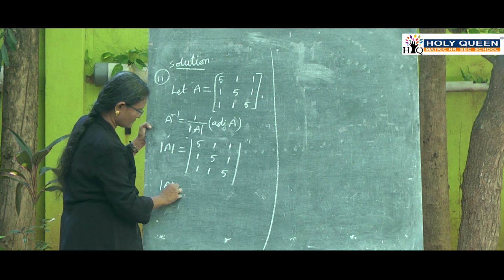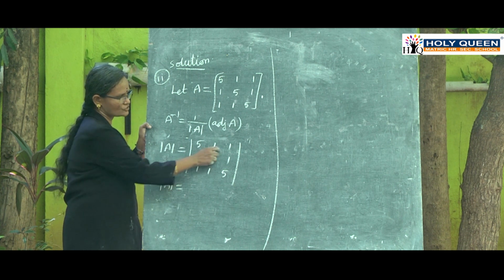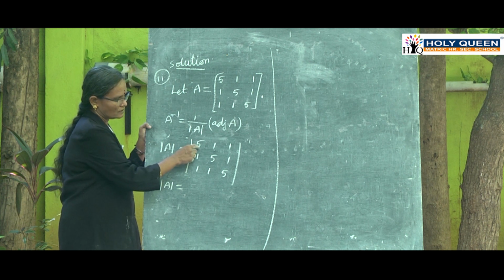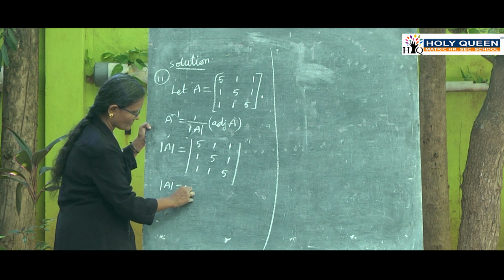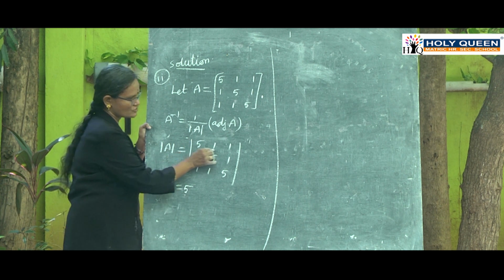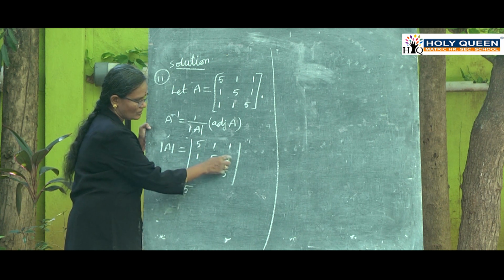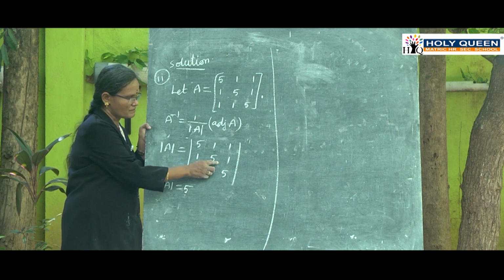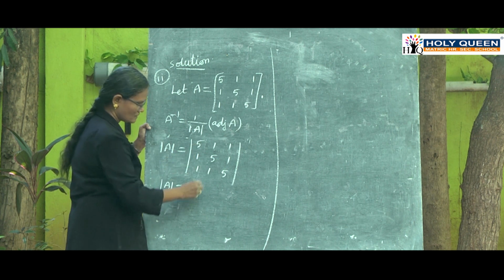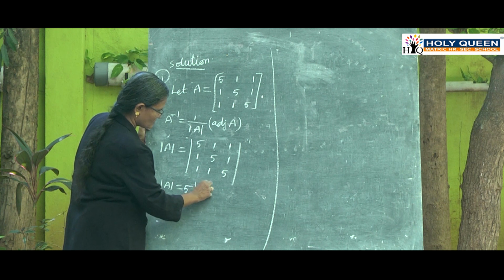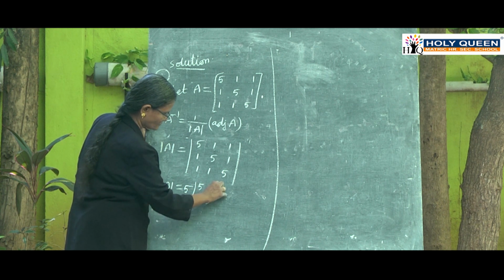Determinant of A is equal to, consider the first row. First element is 5. Ignore that first row and the first column, and consider the remaining elements. These remaining elements are the minor of 5: 5, 1, 1, 5.